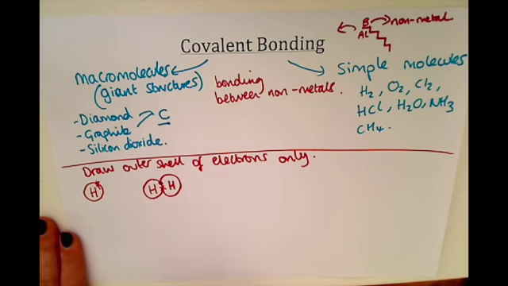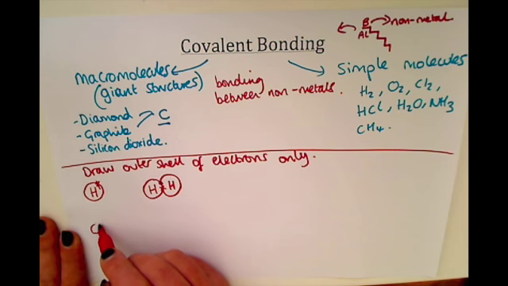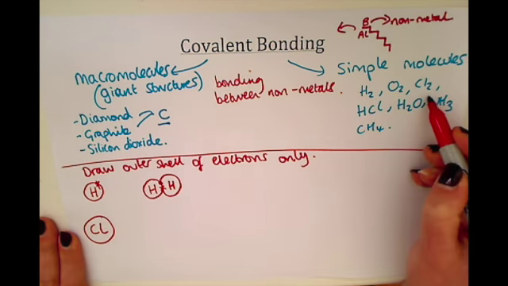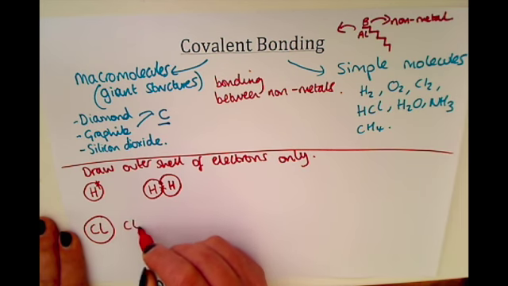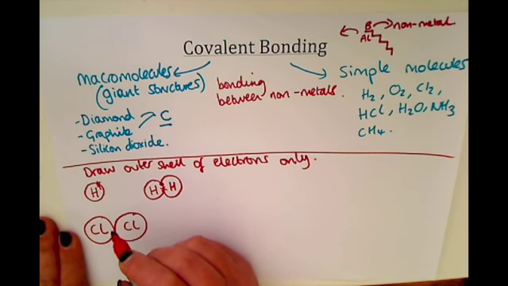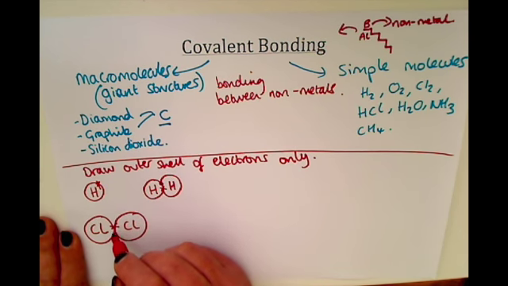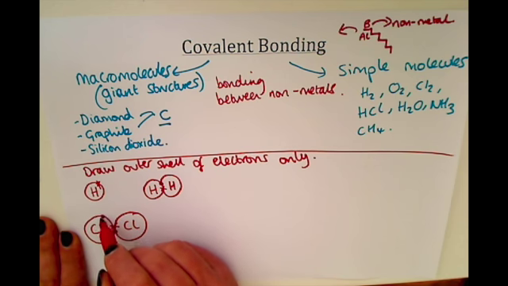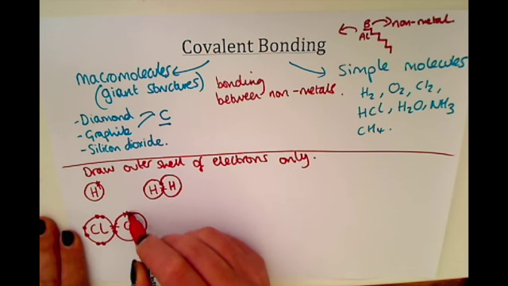For a second example, if you take chlorine, this will be bonded to another chlorine because it's Cl2, and they will share a pair of electrons. Each of them has 7 in its outer shell because chlorine is in group 7.